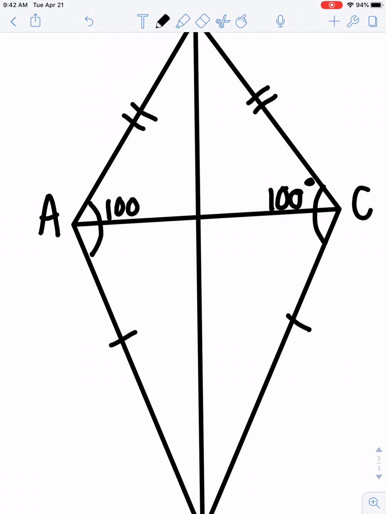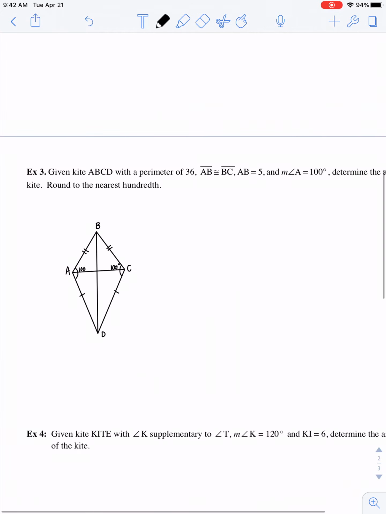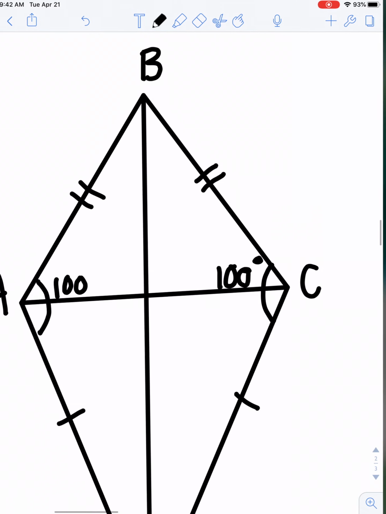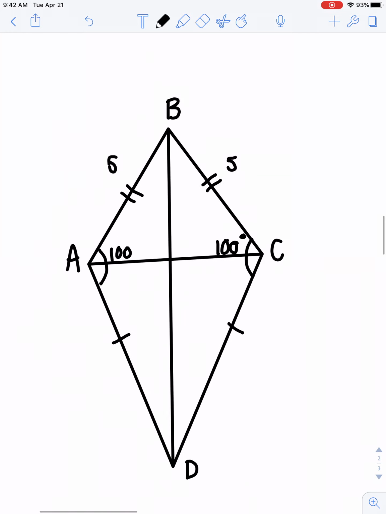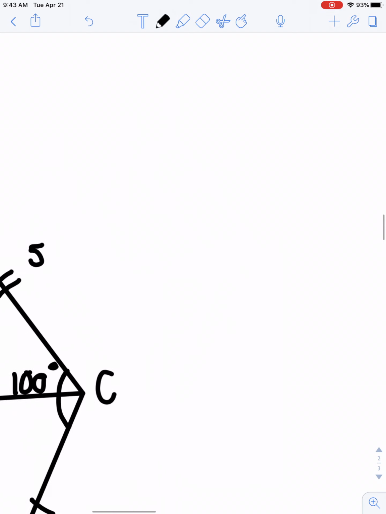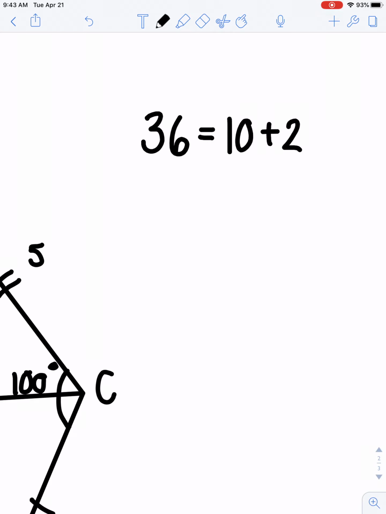So now we're given that side AB is 5, meaning that BC would also be 5. Now we need to figure out the length of AD and DC. Well, we were given that the perimeter is 36, so we know the perimeter is going to be 10 because our two sides added together plus 2 of side AD.